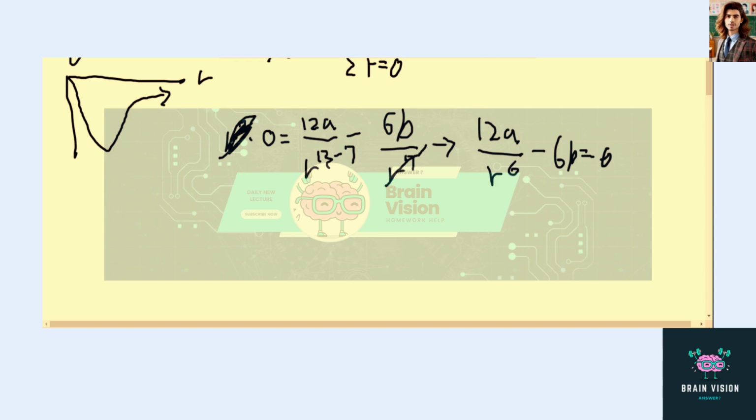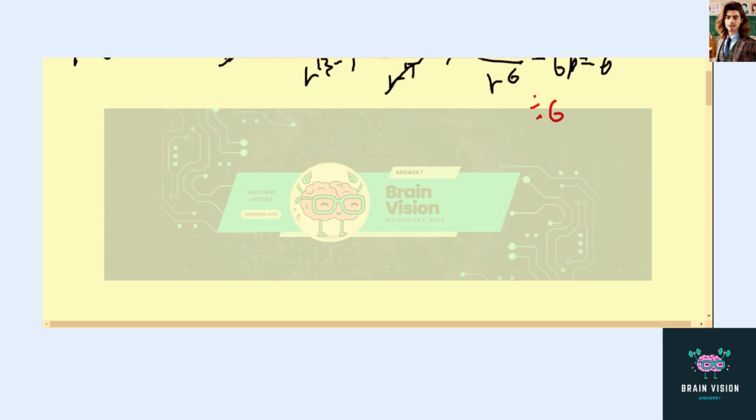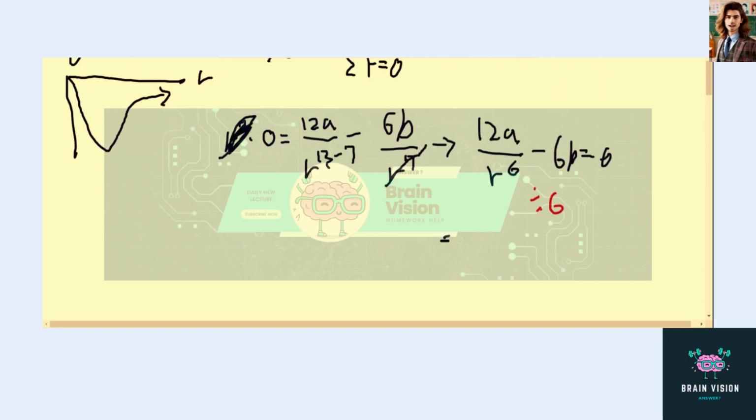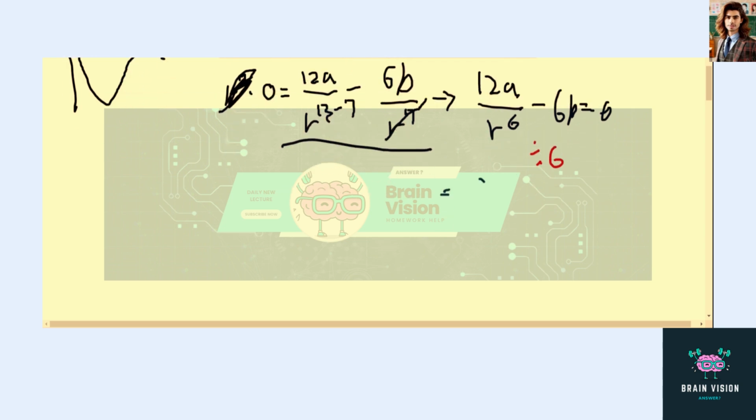Now we can divide both sides by 6, and we get 2A divided by r to the 6th power is equal to B.